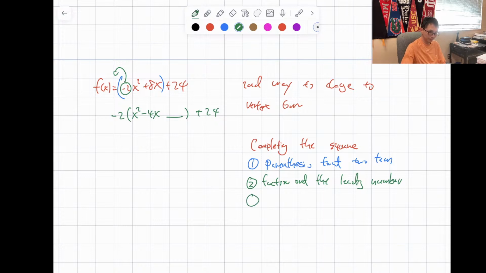Third, take the middle term, middle number, middle coefficient actually, divided by 2 and square. So it's kind of different than negative b over 2a. So don't get confused with negative b over 2a.